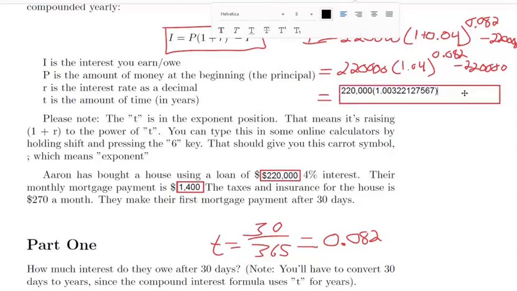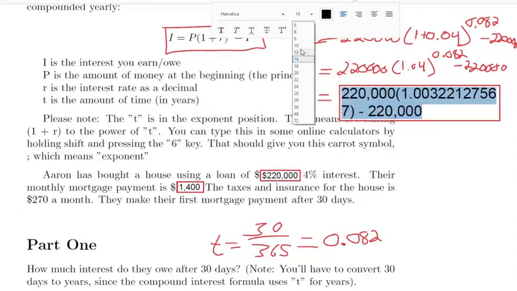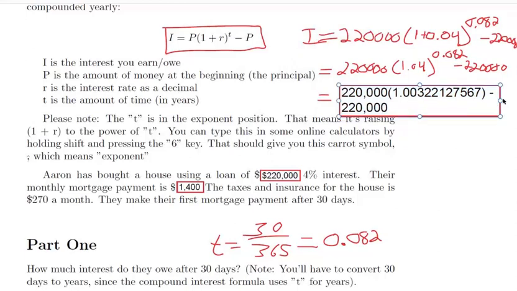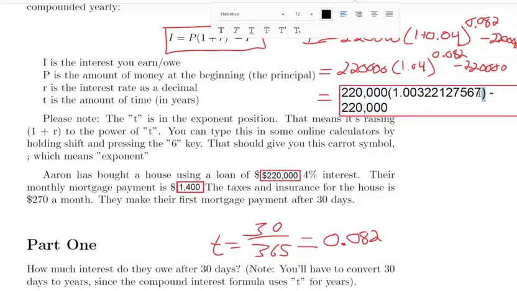That's probably too many decimals, but with compound interest, it is always good to carry out decimals because it can drastically change after a lot of calculations. Can make that bigger for you too. Oops, too big. Okay, it's too big to fit, so let's round this. There we go. Okay, now it fits on the screen.